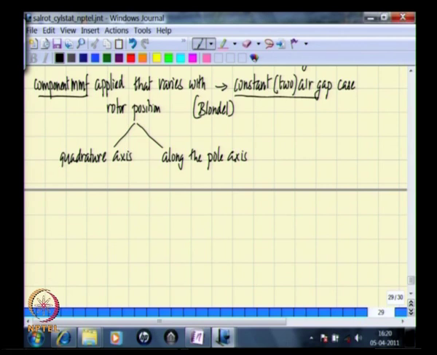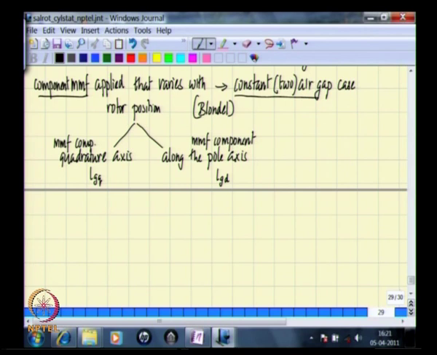And so, you have an MMF component acting along this axis and an MMF component acting along the pole axis. The air gap along the pole axis has a particular value which we call as LGD, and the air gap on the quadrature axis is LGQ.